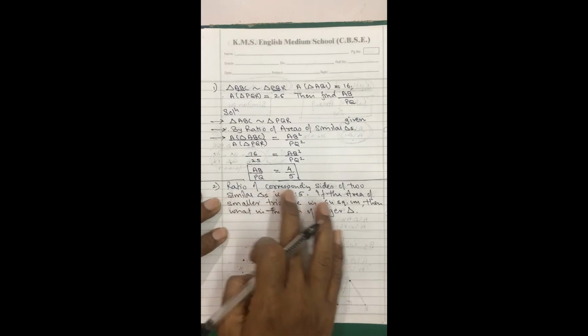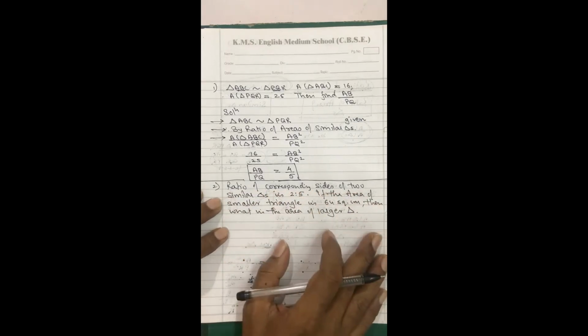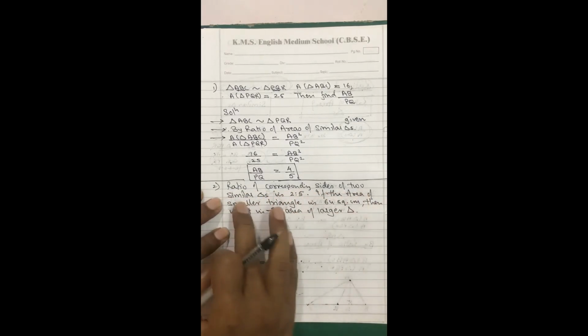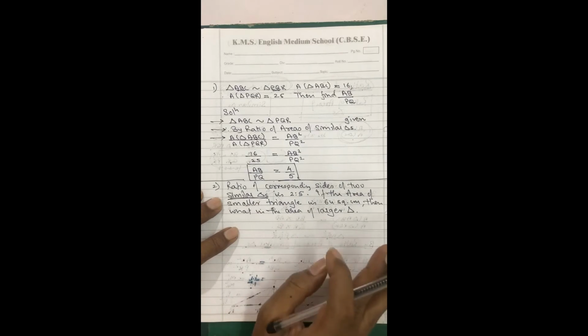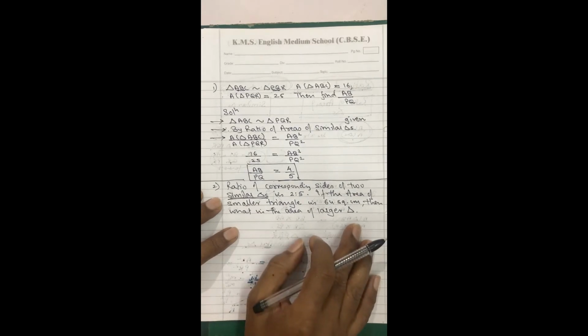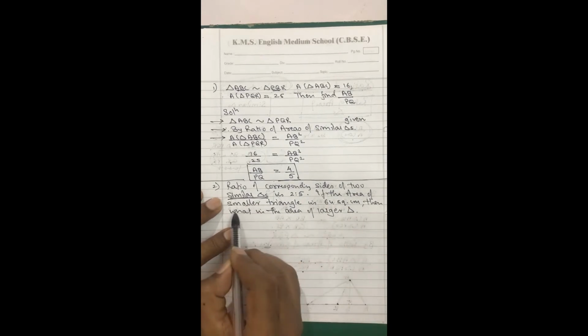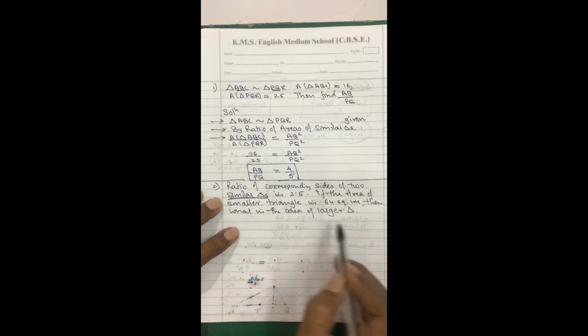I hope you are getting this. You are able to read everything, my dear students? Yes. So, ratio of corresponding sides of two similar triangles is 2:5. Here they have given that the triangles are similar. This is very, very important. And then they are telling, if the area of the smaller triangle is 64 square centimeter, then what is the area of the larger triangle?